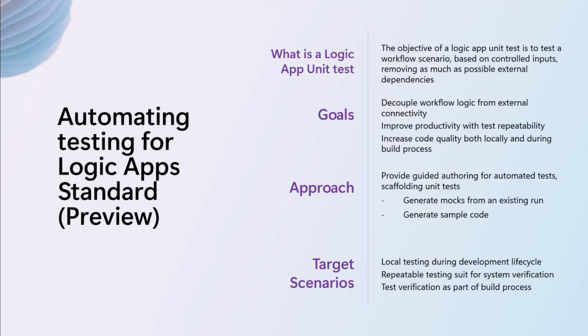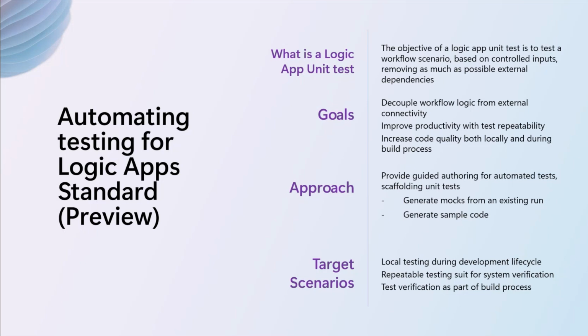And testing on Logic Apps up to now was quite a manual process, because you needed to start the workflow. You needed to make sure that all the dependent systems had data in the right places. Depending on the type of the workflow, it was either a manual trigger or something that was waiting for you to trigger an event for it to start.